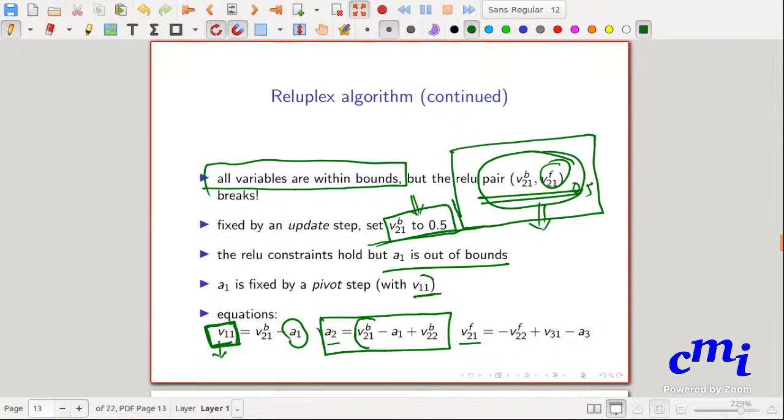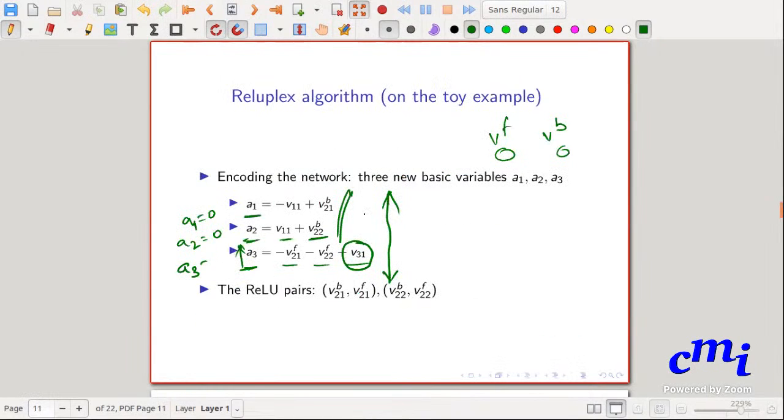Because this is 0.5. So which are the basic ones here? For me, I'm maintaining 3 equations. These 3 equations, the basic variables are on the left-hand side. They are the ones which may potentially violate their constraints. All the non-basic ones satisfy their constraints.